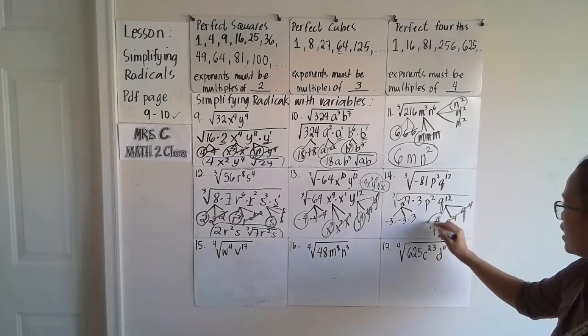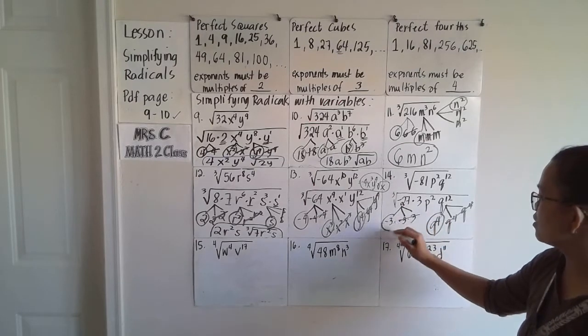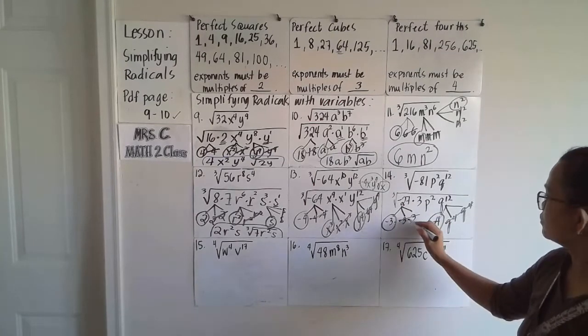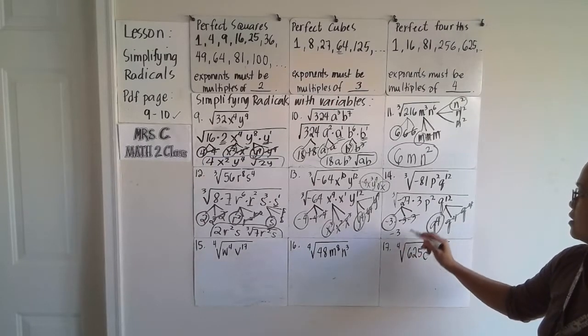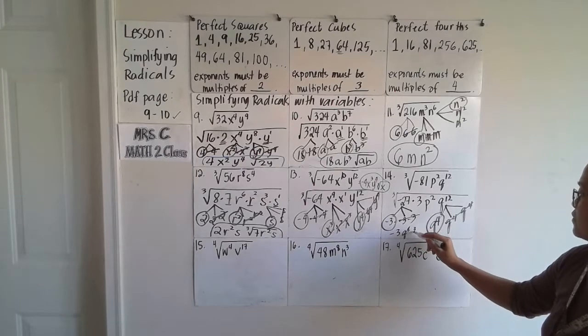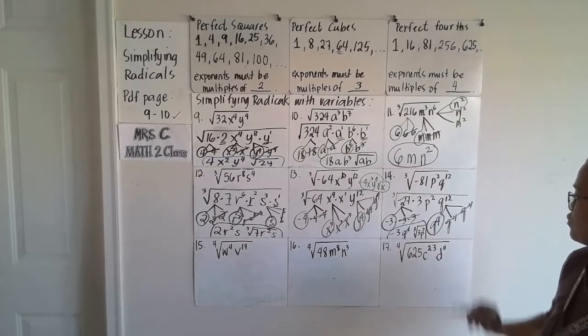Cancel 2, take 1, cancel 2, take 1. Got it? So the answer is negative 3, and then q to the 4th, and then the leftovers are 3p squared. So this is your answer.